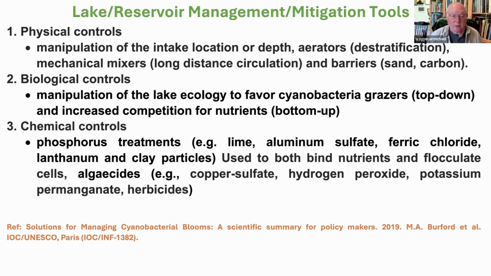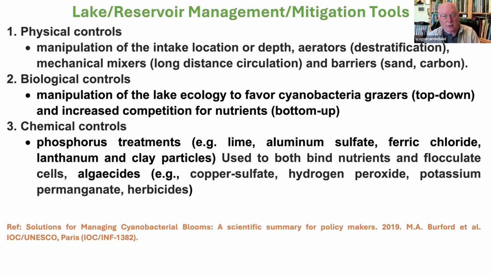Often these chemicals focus on the key nutrients, phosphorus and nitrogen. In the case of phosphorus treatments, the idea is to remove the effect of that phosphorus. You don't really remove the phosphorus itself, but you use lime, aluminum sulfate, ferric chloride, lanthanum, which is commercially called Phoslock, and clay particles. These bind the nutrients, flocculate the cells, and try to take that phosphorus out of the system, or at least bind it up so it's not available to nutrient cycling.